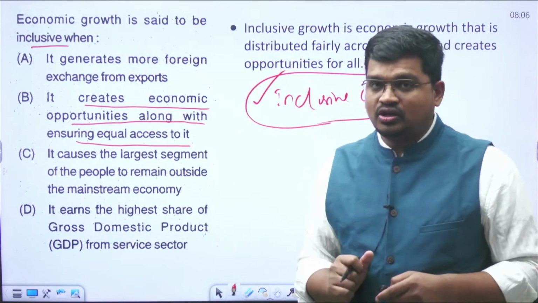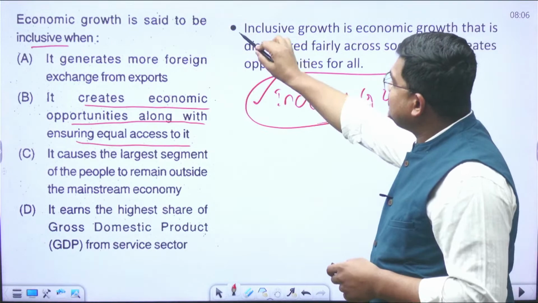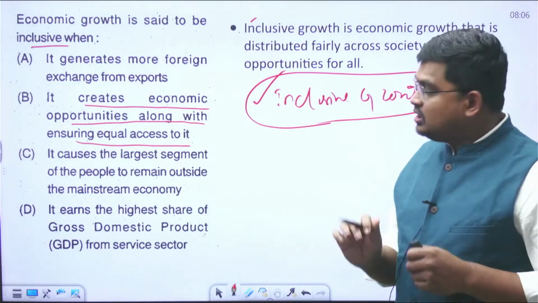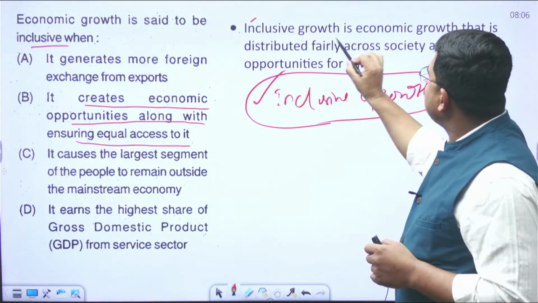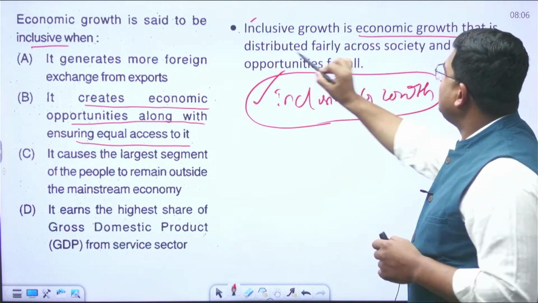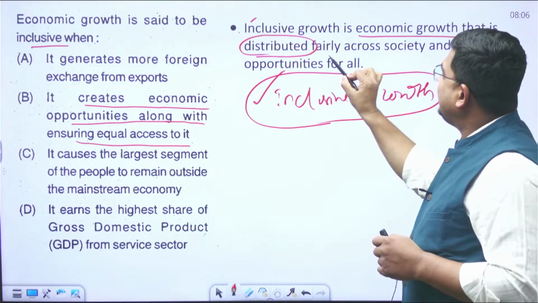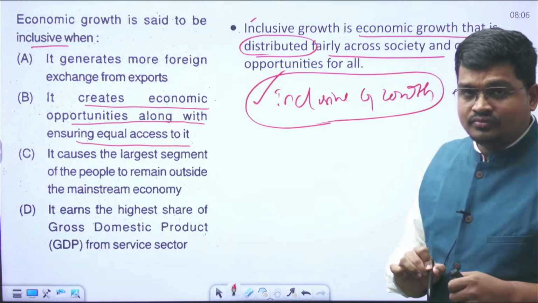If you want to define inclusive growth, it is economic growth that is distributed fairly across society.